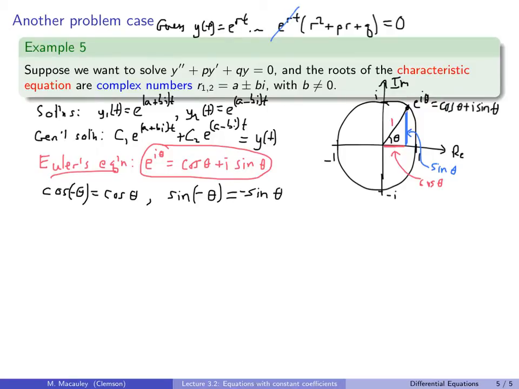Well, if this angle is theta, then negative theta is this angle down here. So this complex number is e to the negative i theta, and it's the same x value, the same real part, cosine of theta, but the y value now is negative. So cosine of theta minus i sine of theta.